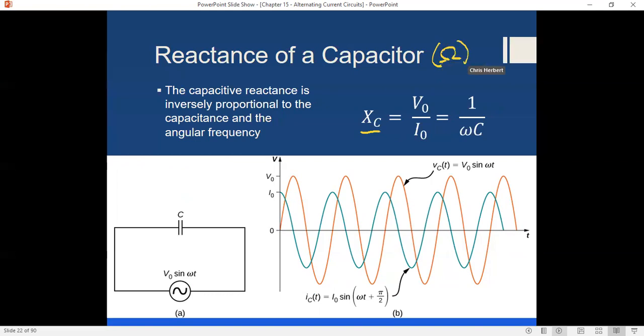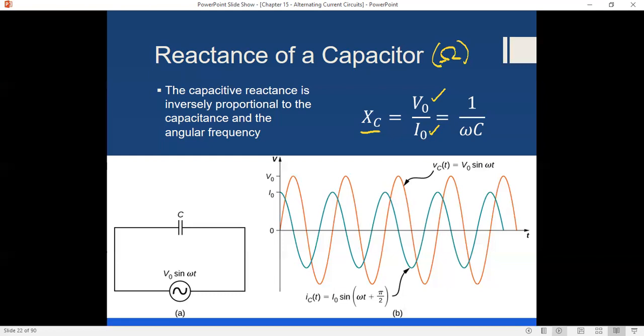The reason why the units are ohms is it tells you how many volts are required to get a certain amount of current. So if your reactance is 10 ohms, and I have a voltage amplitude of 10 volts, I will get a current of 1/10 of an amp.